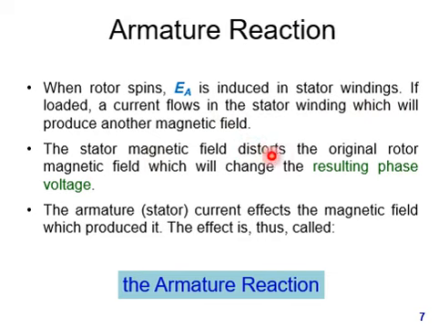The stator magnetic field distorts the original rotor magnetic field, which will change the resulting phase voltage. Basically, the armature current is affecting the magnetic field which has created that current. That's why it's called the armature reaction.